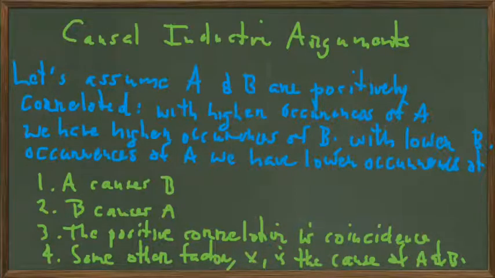So the possible inferences are A causes B, B causes A, the positive correlation is a coincidence, or some other factor is the cause of A and B, or there's lots of factors that are causing A and B to be related, and we don't know what they are. So just because two things are positively correlated, we cannot infer that A caused B, and that's a common fallacy.